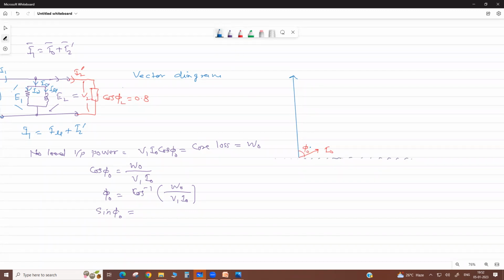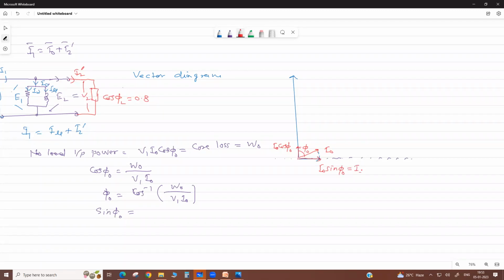Now, my dear, this current I naught has two components, horizontal and vertical. This is I naught cos phi naught, and this is I naught sin phi naught.